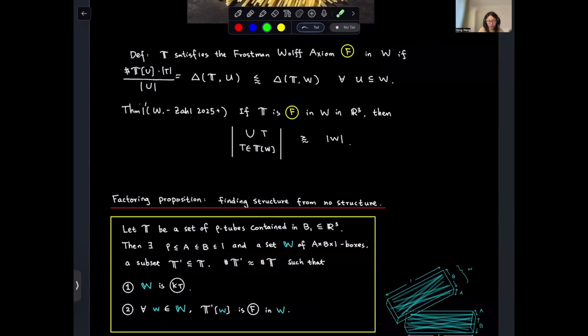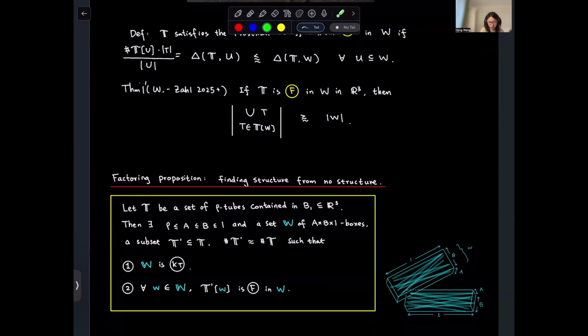I think one of the key ideas is this factoring proposition about finding structure from no structure, which means that we can find structure from an arbitrary set of rho-tubes.